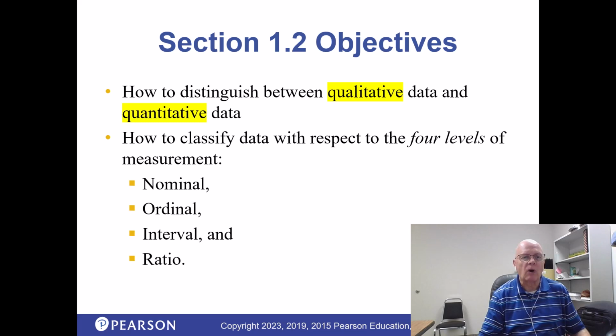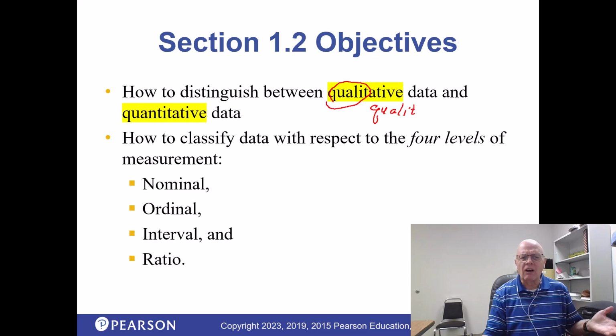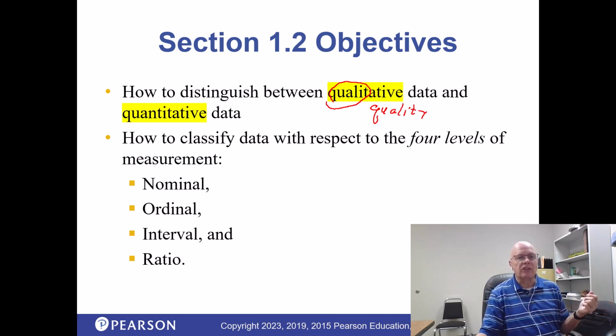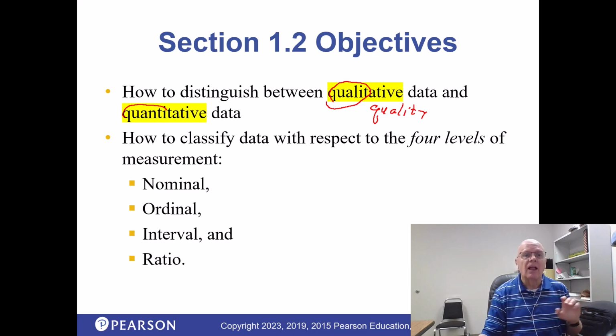If you look at quantitative data, think of quantity, which usually represents some kind of a number. So remember that. Quality, like what color is this chair? Quantity, how many chairs do we have? That's sort of the difference, and I think that'll get you a long ways.